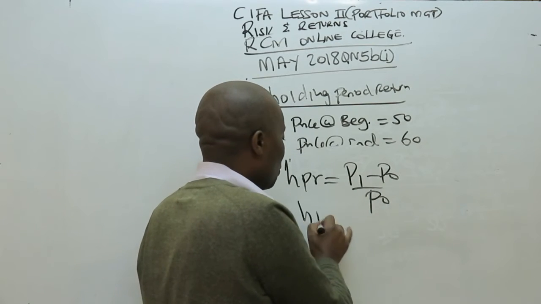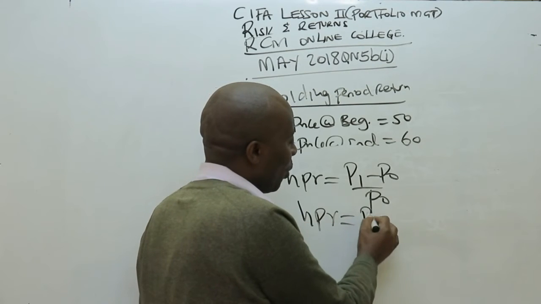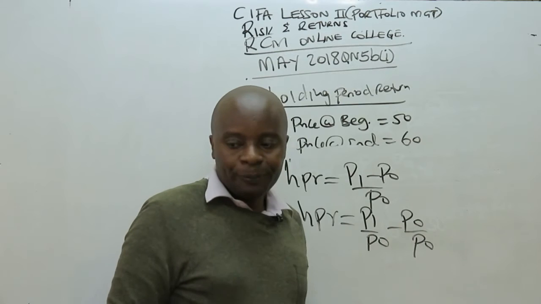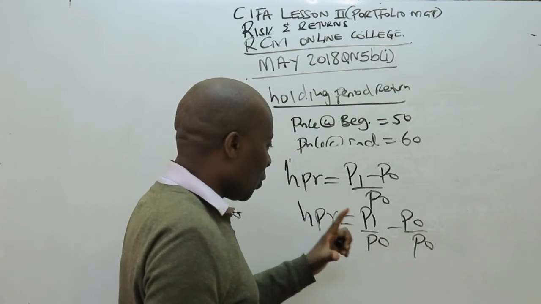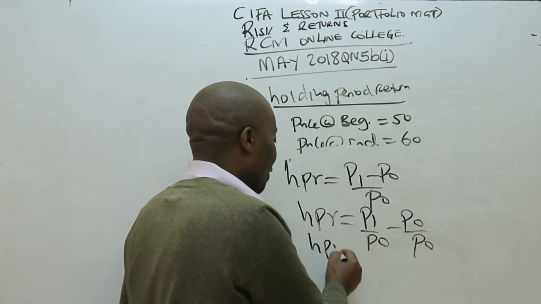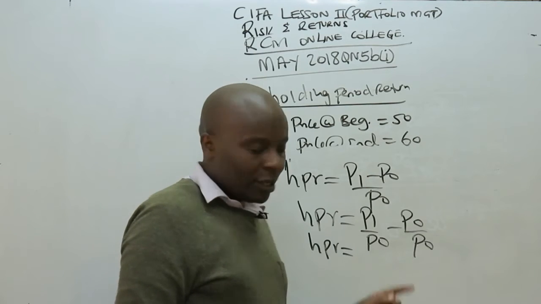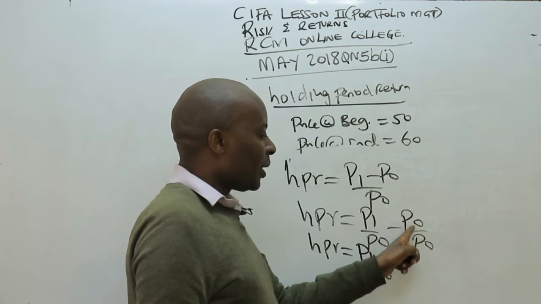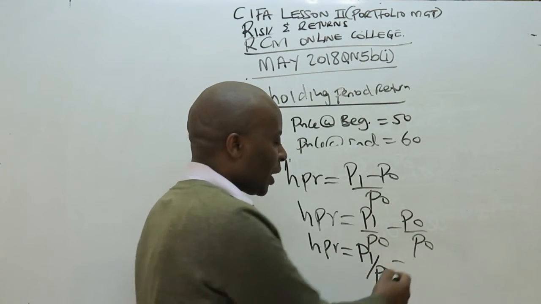So if I decide to spread the P0 here, I will end up getting P1 over P0 minus P0 over P0. So ladies and gentlemen, if you just continue with this, the holding period return can as well be obtained by taking P1 over P0 minus 1, because this divided by this is exactly 1.